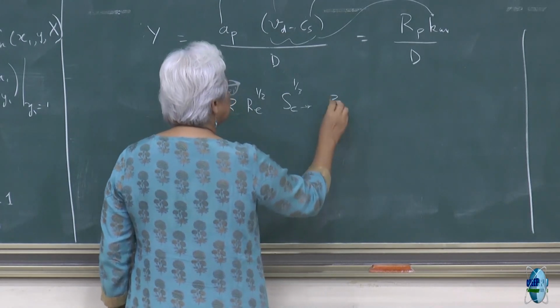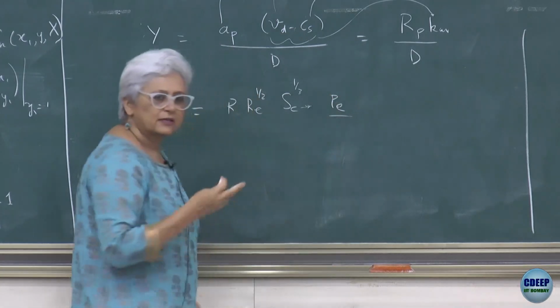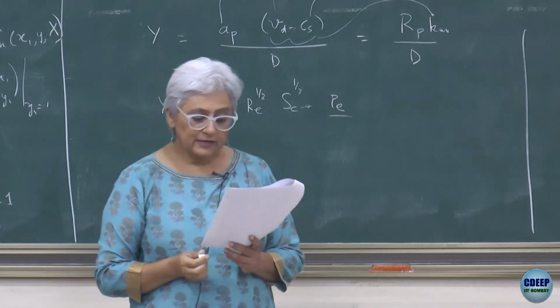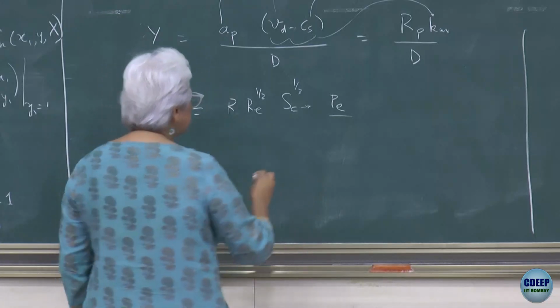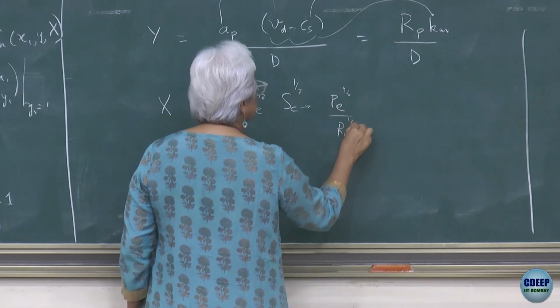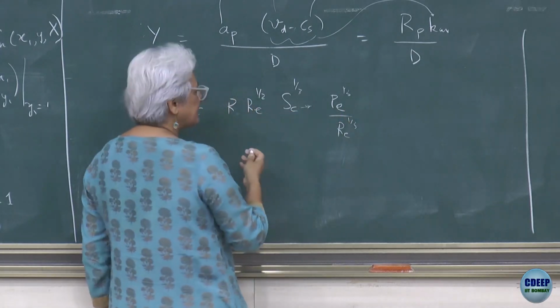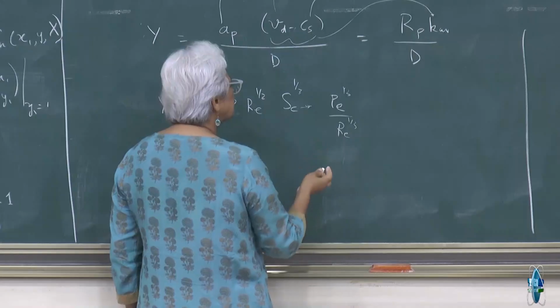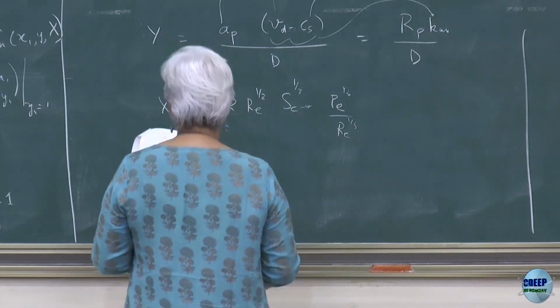A Schmidt number is equal to Peclet divided by Reynolds, right.